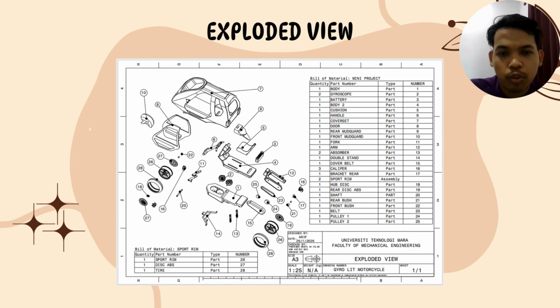In the exploded view, we have 25 parts of the drawing, and one part is an assembly, which is the sport rim. The sport rim consists of the rim, disc, and tires.